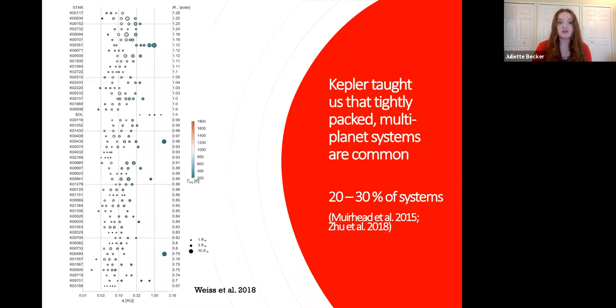Now, this is an architecture that we don't have in the solar system, because if you look at the Sol indication there, the solar system terrestrial planets are a little bit further out than the typical Kepler system. But what we did learn is that all of these systems, by definition of their discovery method, which is transit photometry, are fairly tightly packed in inclination space.